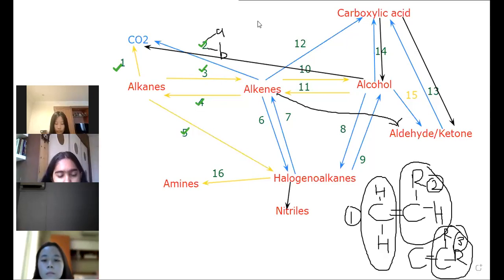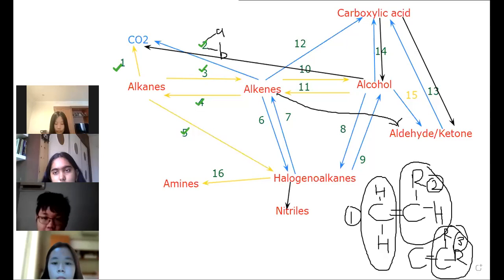And the reaction name is electrophilic addition. Yes, correct. Then the condition and catalyst? I think there isn't any specific condition. Yes, there is no specific condition because it can be done at 1 atmospheric pressure and room temperature. There is no catalyst. Okay, thank you, Bhavya.